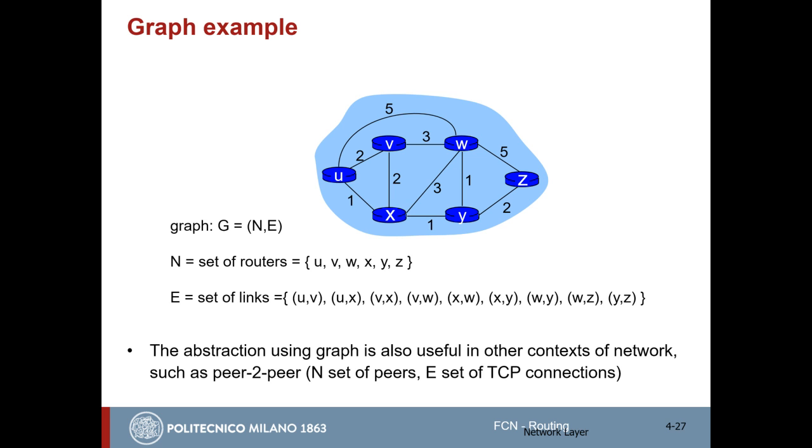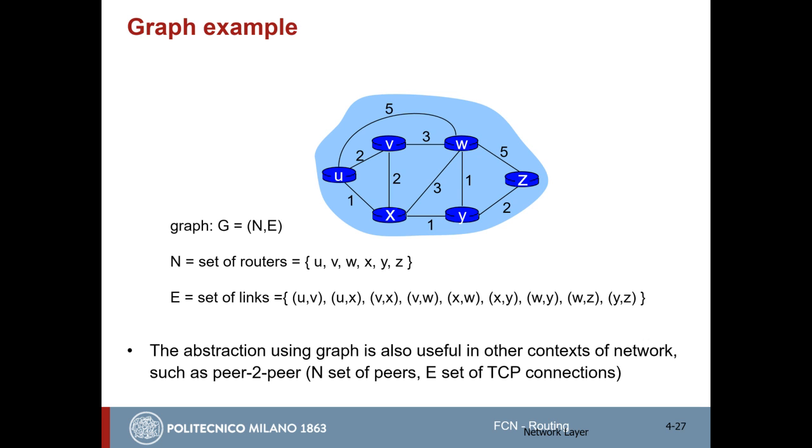So now we have an example. This is a graph where all the nodes correspond to routers, and links correspond to the point-to-point links or networks between the routers, and this is the set of routers and the set of links.